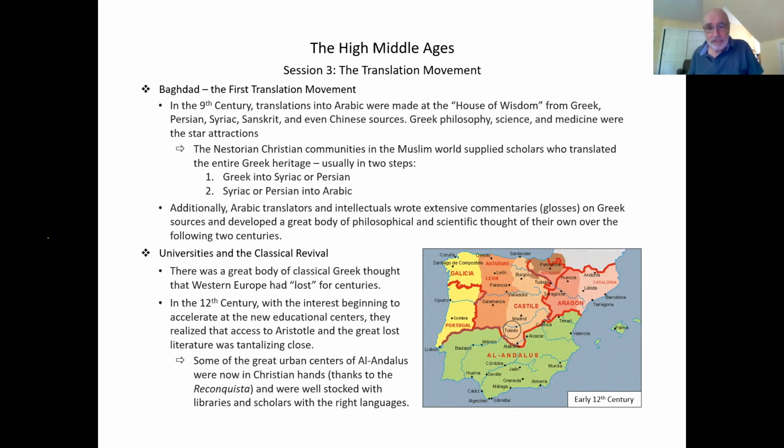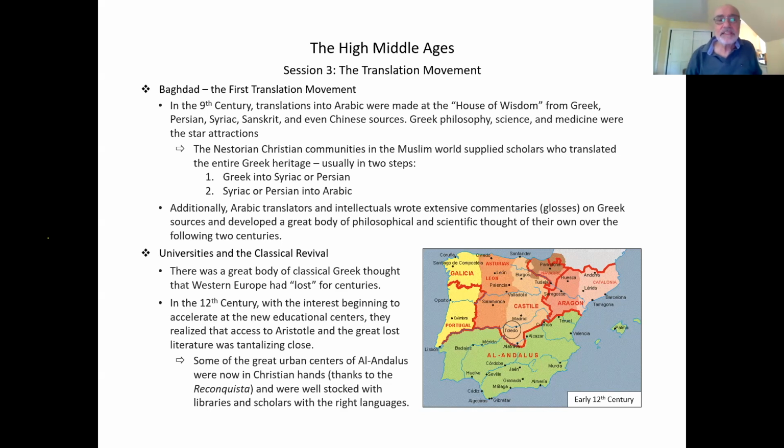It was their language. And since they were part of the Roman Empire earlier, the Greek Roman Empire, the educated Syriac speakers came with a knowledge of Greek, which would have been the major literary language of their world. So you had these Syriac speakers with a knowledge of Greek in cities in the Muslim world.